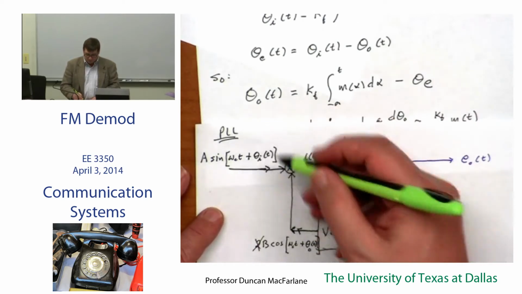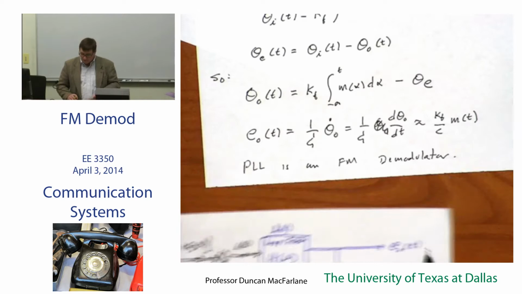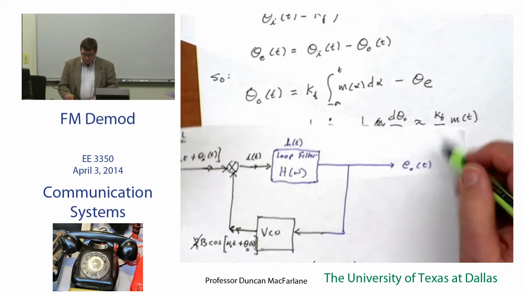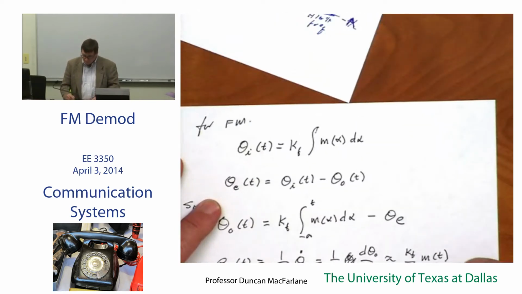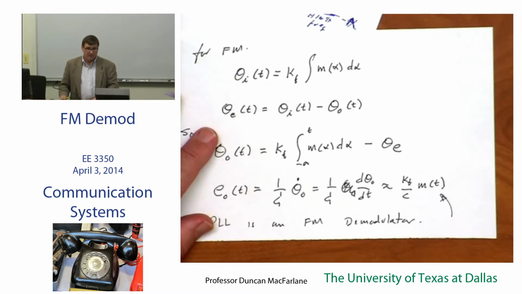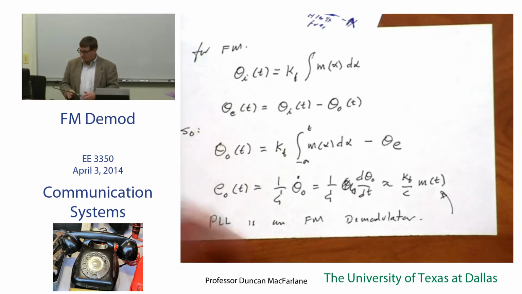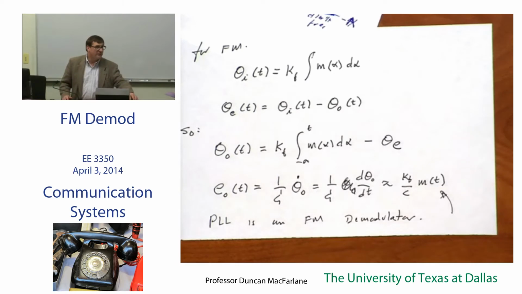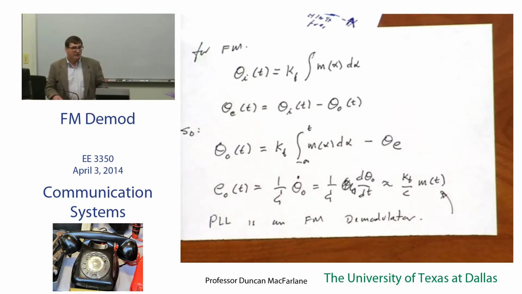And then once this wiggles around, this output here is representative of M of t. Okay? So it's a brilliantly magic circuit. I really haven't even begun to give it justice. But it gives you the rough, linearized argument for how it behaves as a very, very good demodulator for angle modulated systems.